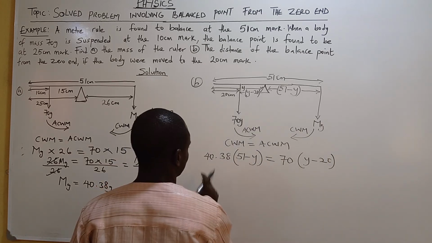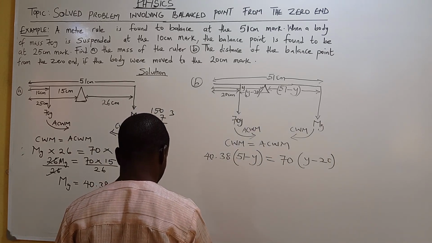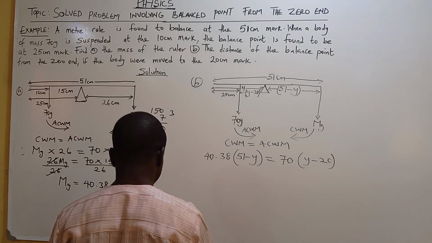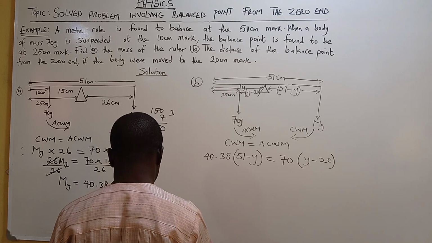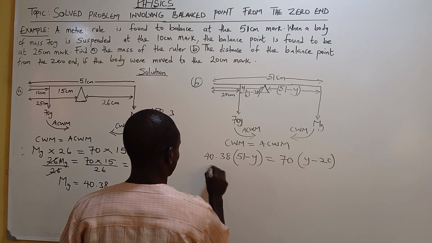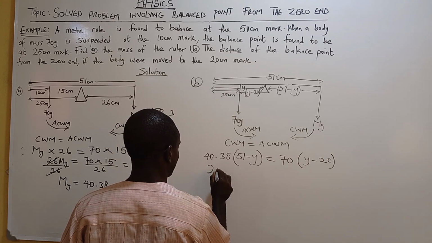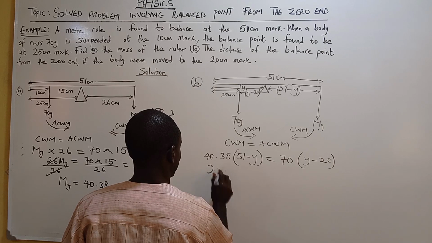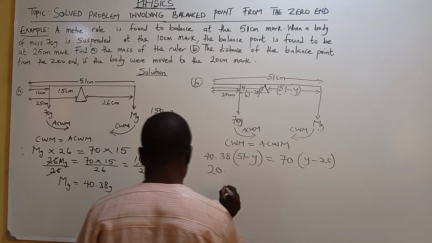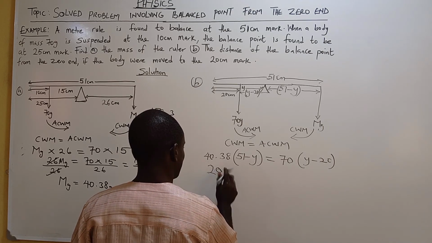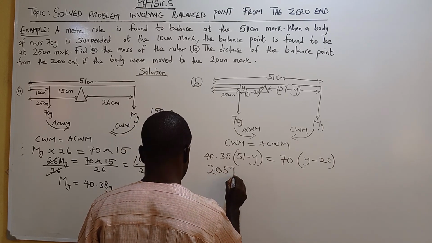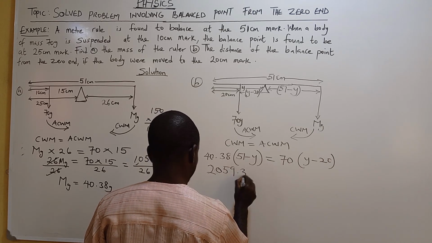Now let's open the bracket. When you multiply, 40.38 multiplied by 51, you have 2059.38.